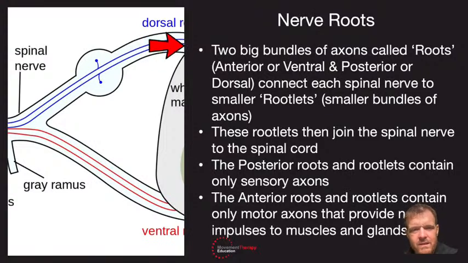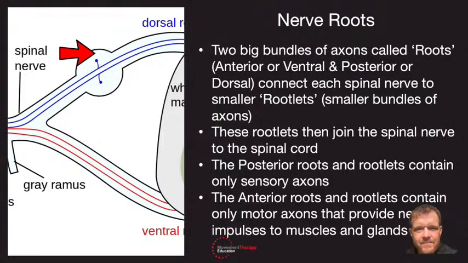So these are coming out of the back of the spinal cord. These are sensory. So this particular section receives information from the body. Okay, so the posterior part of the nerve roots, so the dorsal roots, these are purely sensory nerves. Okay, so they're just receiving information.